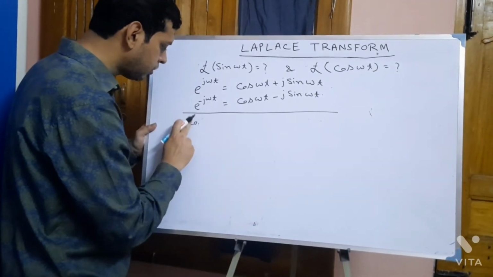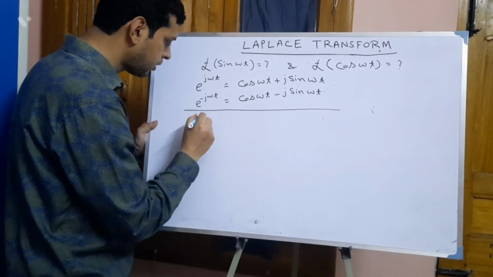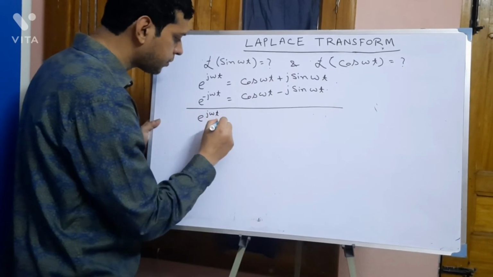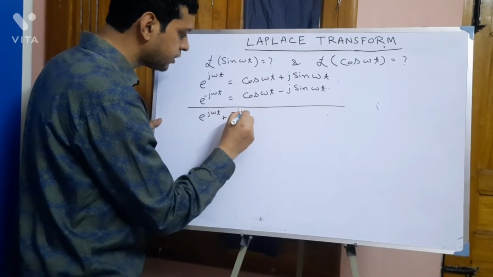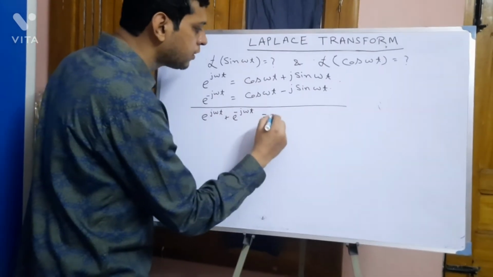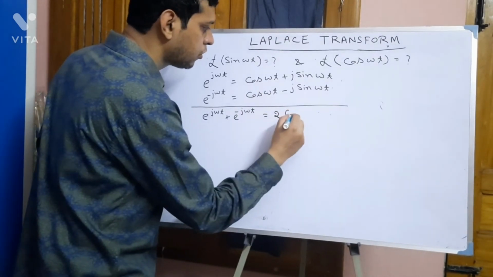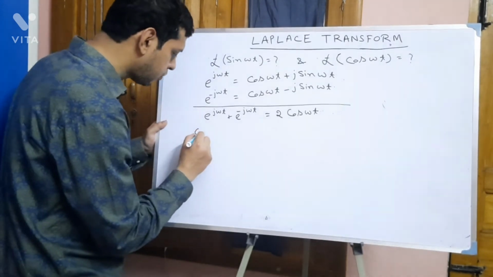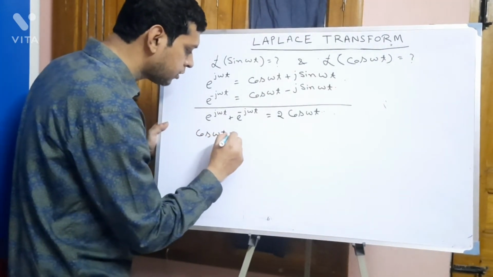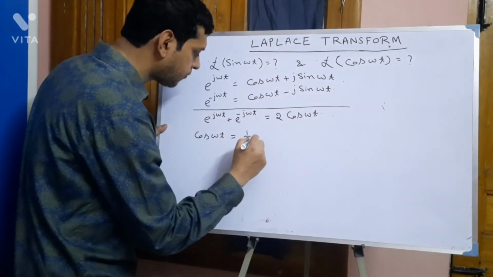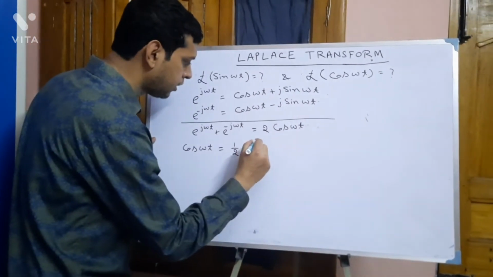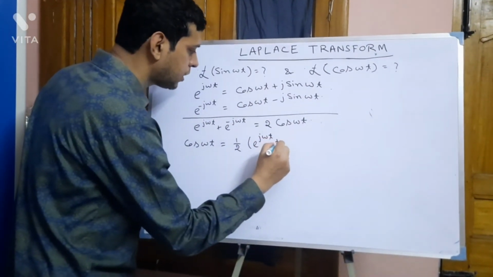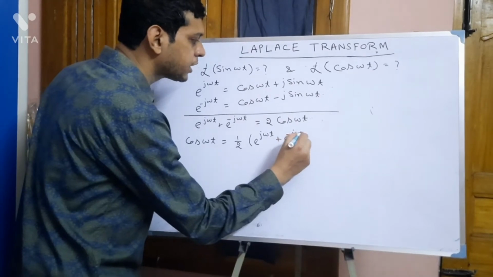So e to the power j omega t plus e to the power minus j omega t equals 2 cos omega t. So cos omega t is equal to half into e to the power j omega t plus e to the power minus j omega t.